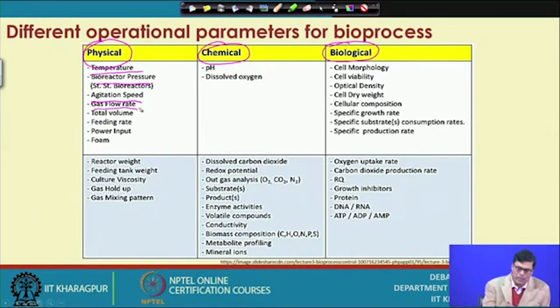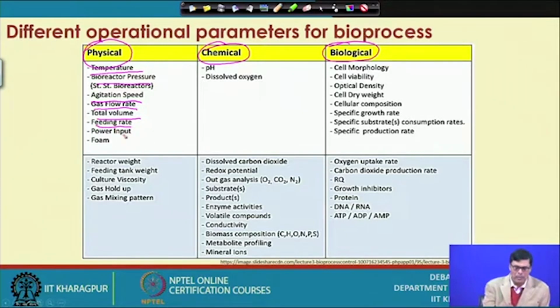Then the gas flow rate, which is the air flow rate, is important. The total volume is also very important, and we monitor it either by using a watch glass or by using some kind of sensing device available nowadays.